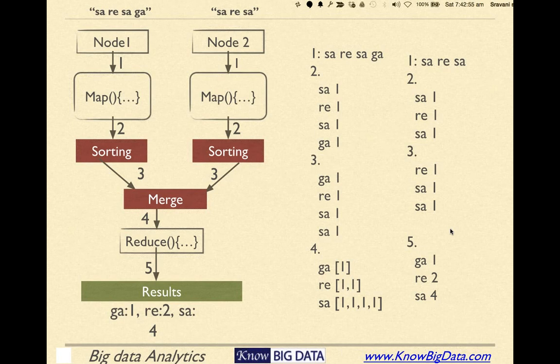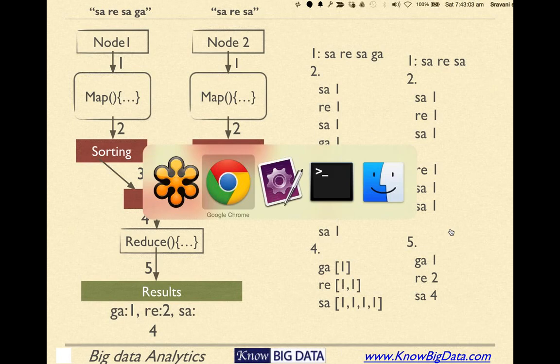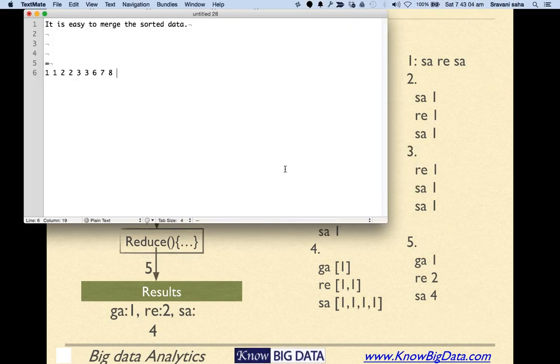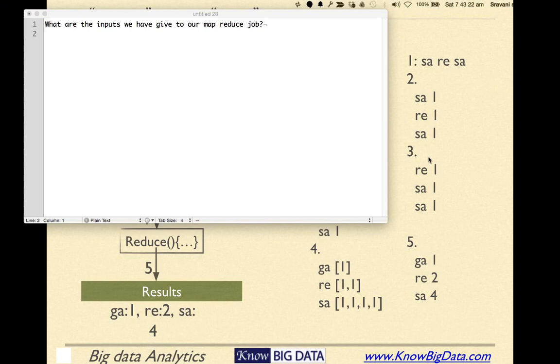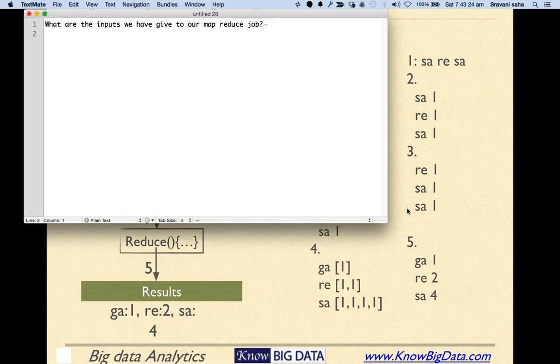Now, coming back to the point again, that for a map reduce job, so far, what all input have we given? Anyone? What are the inputs we have given to our map reduce job so far?